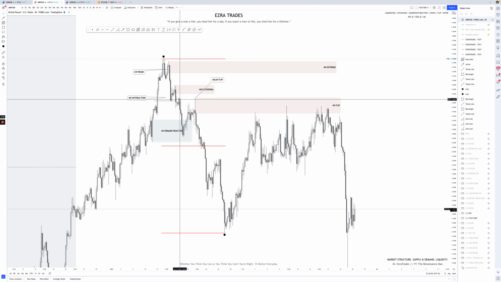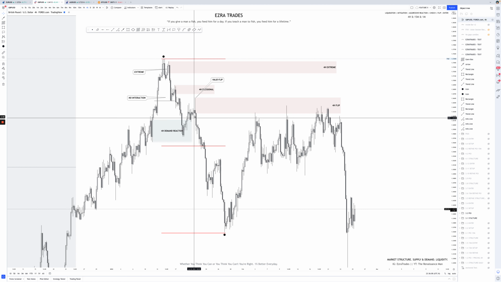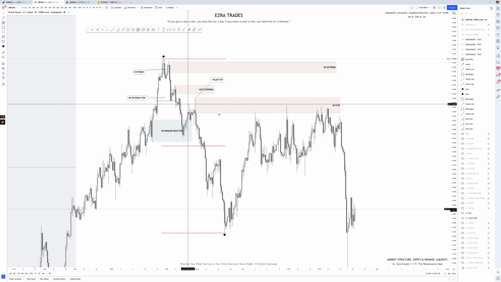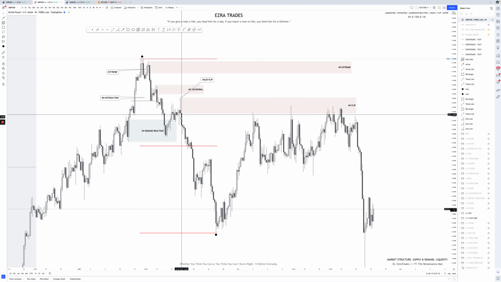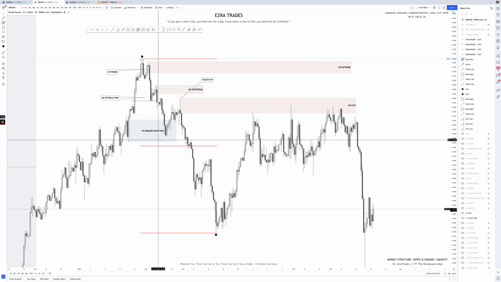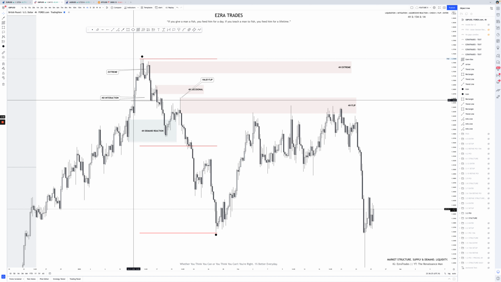Price comes down, taps, forms an extreme, right? Pulls back, gets another reaction, sweeps liquidity here, right? Look at that. In fact, we get a sweep of the downside, sweep of the upside, and then we break structure, right? And so if I look at what happened to the left, this is a 4-hour demand that broke structure to the upside.